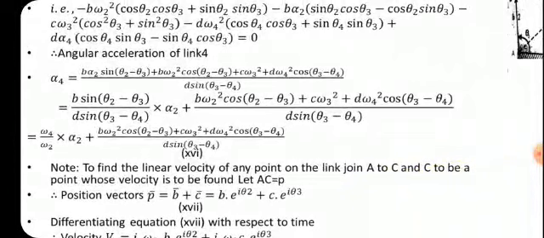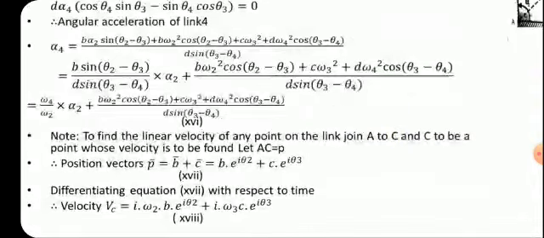Find the velocity of any point on the link: join A to C, where C is the point whose velocity is to be found. Let AC be equal to P. Therefore, the position vector P is equal to B plus C, nothing but B e^(i theta 2) plus C e^(i theta 3).